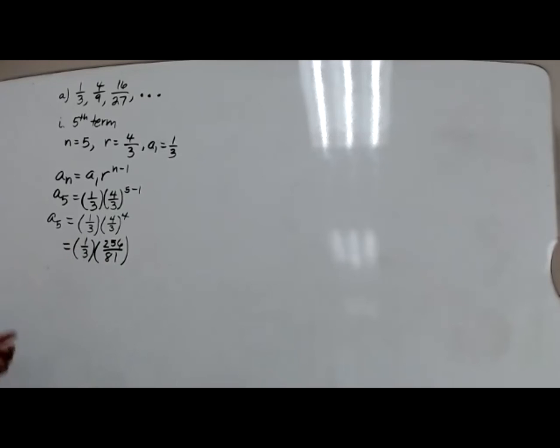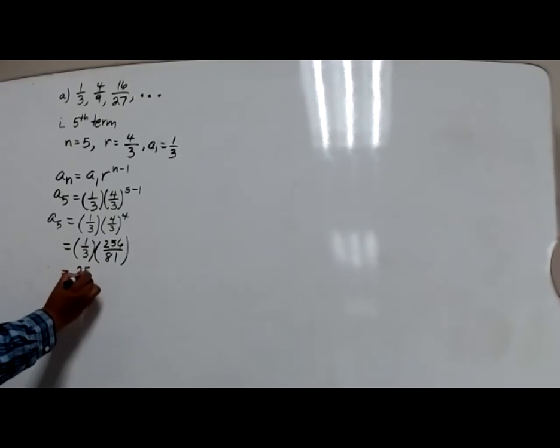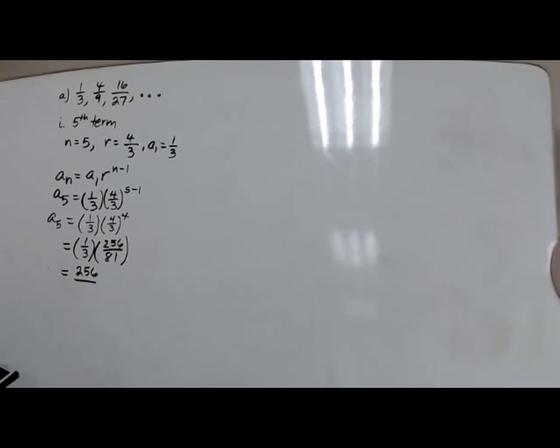I don't think you can do any cross dividing, so you multiply numerator times numerator and denominator times denominator. 1 times 256 is 256, over 3 times 81, which is 243. So the fifth term of that sequence is 256 over 243. This cannot be reduced, so that is the final answer.